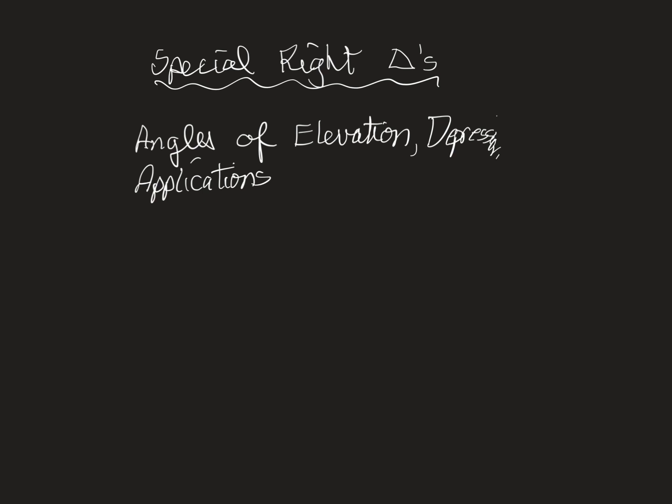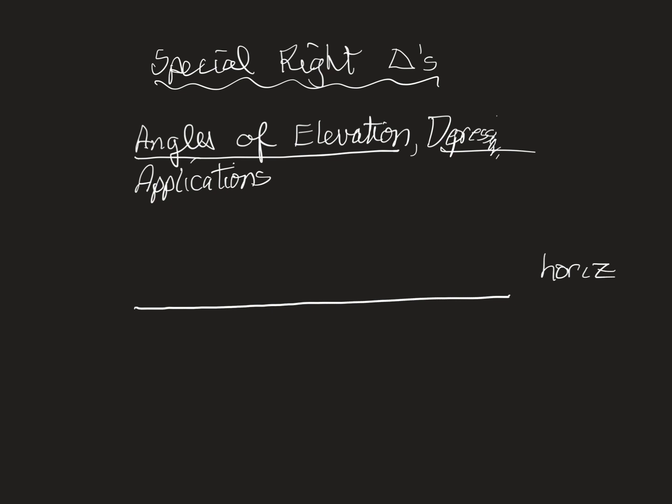So the first thing we want to look at is we need to know what an angle of elevation is and what an angle of depression is. All right? Either of these angles, elevation or depression, you have to start with a horizontal line.